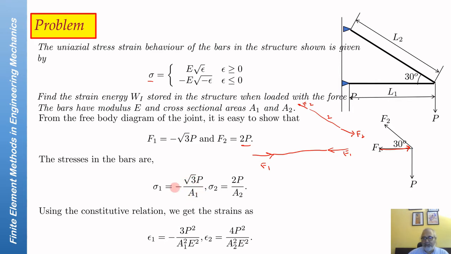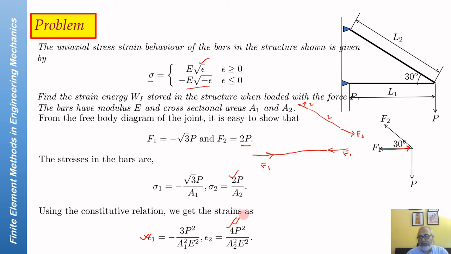Once it is a compressive stress, then to get the strains, first I have to use this relation for this strain. I've done that, and strain will be proportional to the square of the stresses. I have to use the upper relation for the other bar, and I've done that, and I've got the strain.